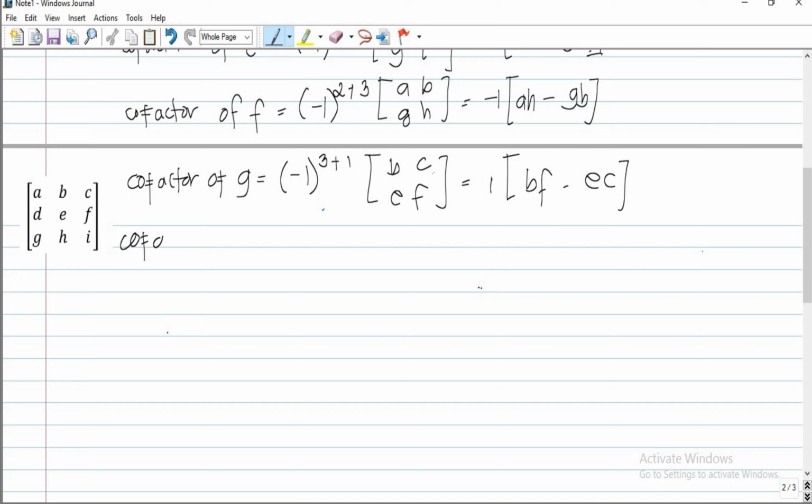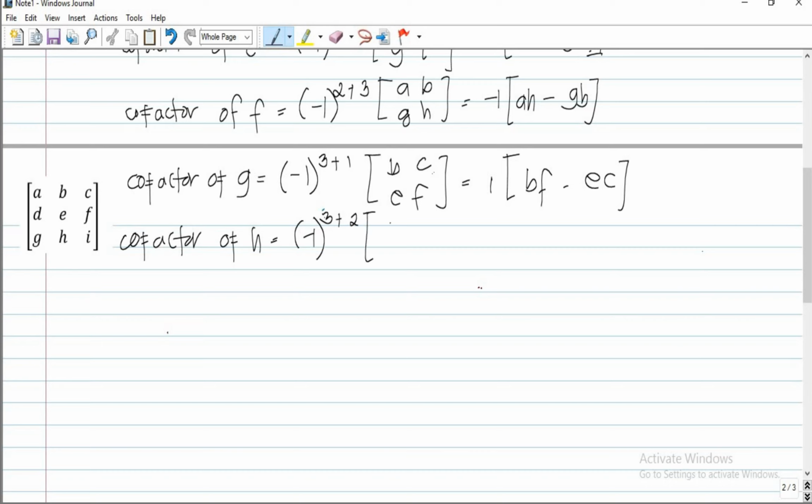So for the cofactor of H. Nasusundan pa ba ako? Since this is recorded, pwede nyo siyang balik-balikan. So, H is located at row 3, column 2.